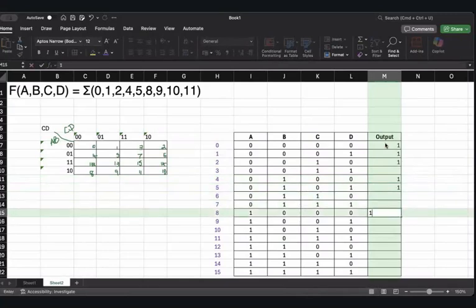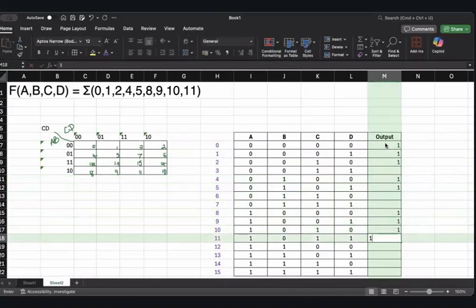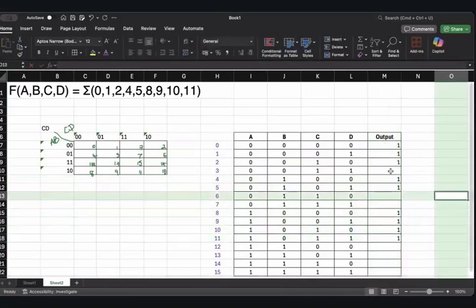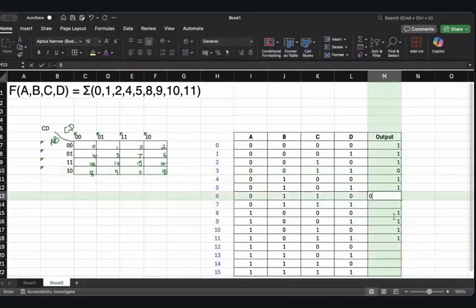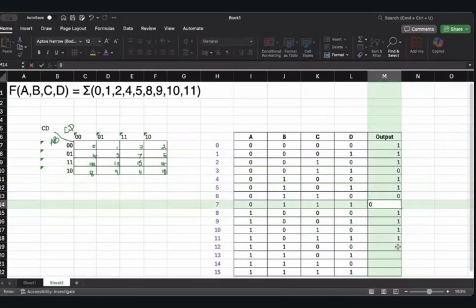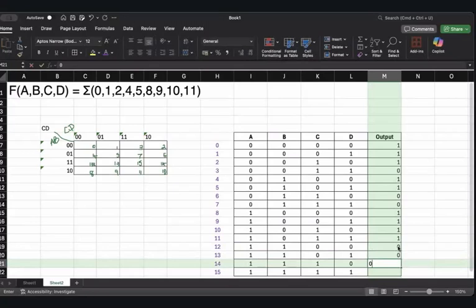Then 8, it is 1. 9, it is 1. 10 and 11. The other things are 0, or sometimes, if it is a don't care, that also will be given. But now they have not mentioned whether it is don't care, so we give it as 0.